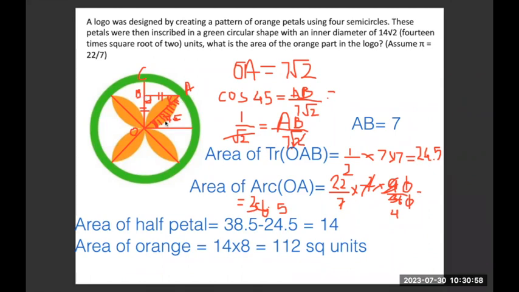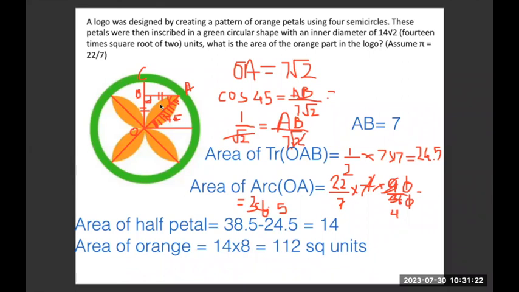What I will first do is break the geometry of the petal and find the area of half petal first. And what will be the area of the half petal? It is the area enclosed by the arch OAB minus the area enclosed by the triangle OAB.